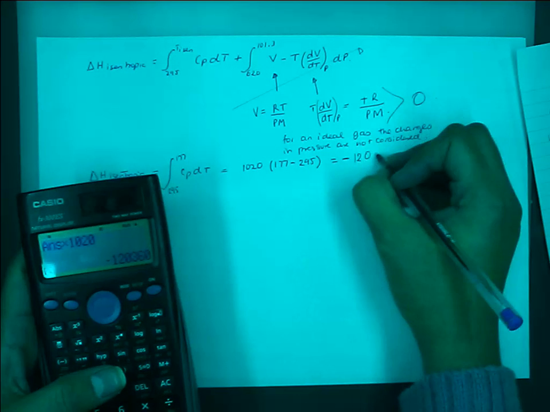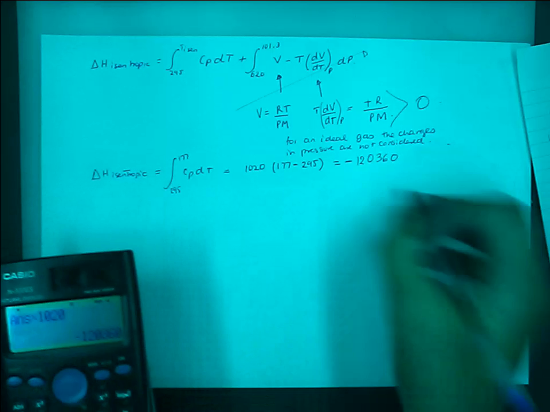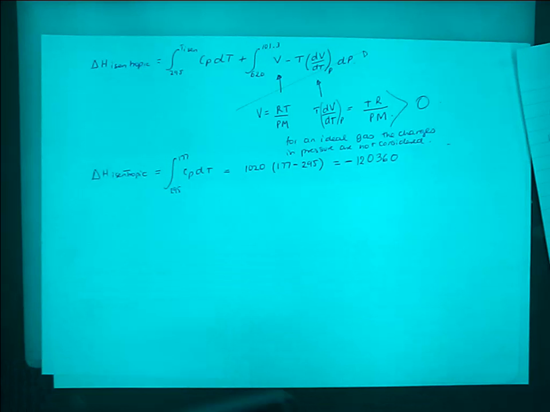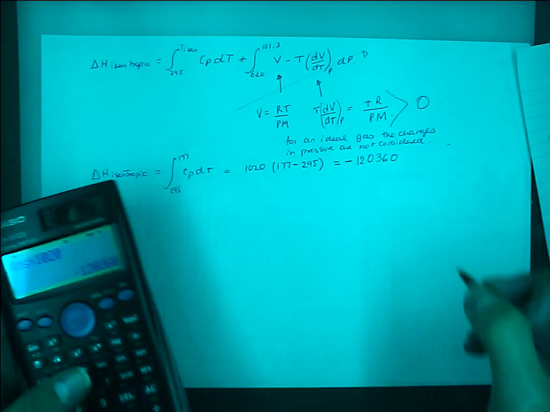Okay. So what do we do after we get delta H isentropic? So we use energy balance.